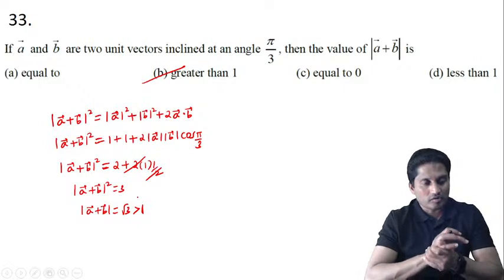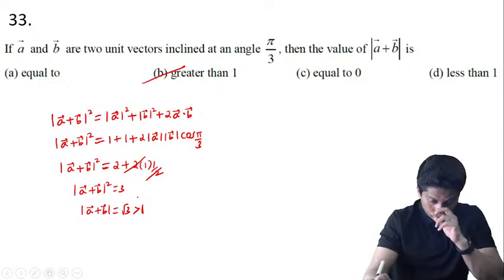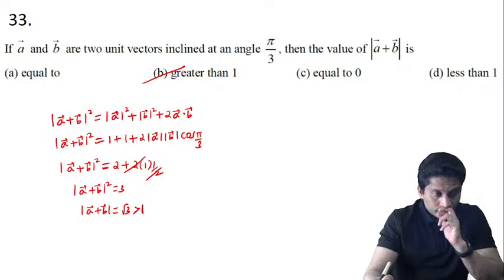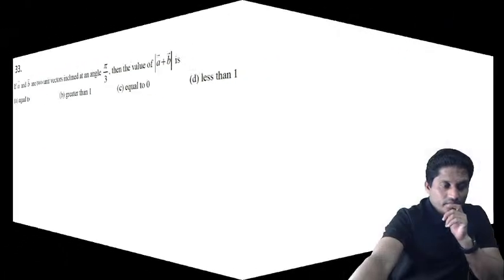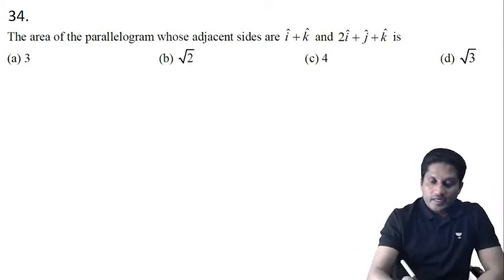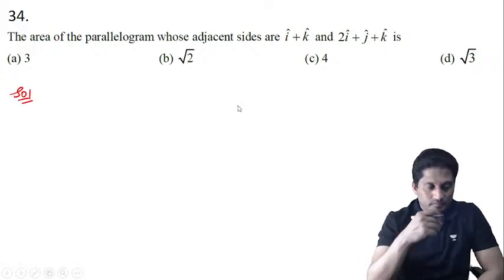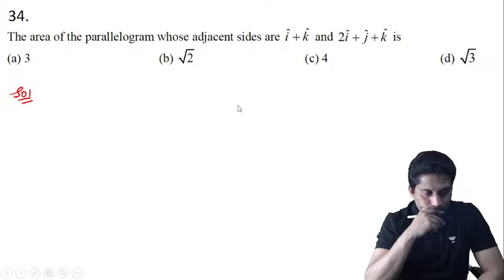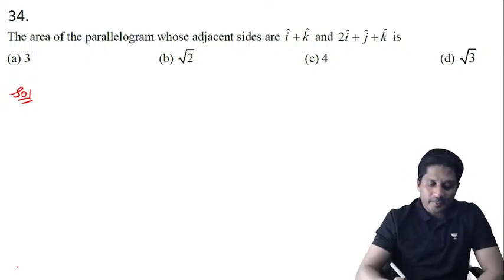Yes, Gaurav, what's your doubt? Area of a parallelogram whose adjacent sides are given. The unit vector perpendicular to both A and B is this formula only, right?